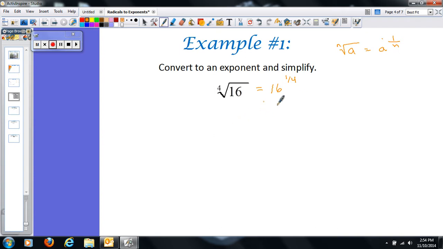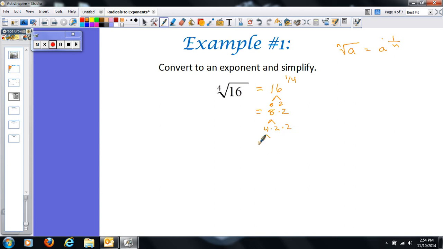So when you're doing this, you're just looking for what number to the 4th power is 16. So just very simply, we know that 16 is 8 times 2. And that is going to break into 4 times 2, and we still have that 2.